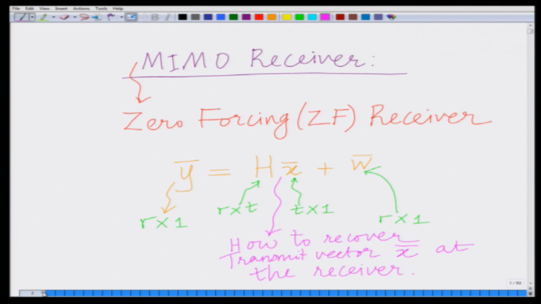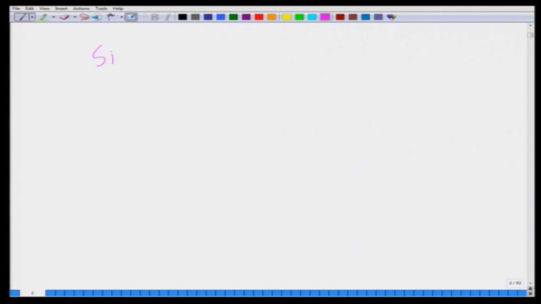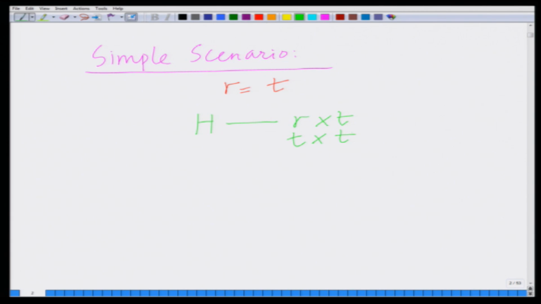Now let us look at a simple scenario. For this simple scenario, let us assume that r is equal to t. If r is equal to t, remember our matrix H, which is an r cross t matrix, is basically a t cross t matrix, or in other words, H is a square matrix if r is equal to t.